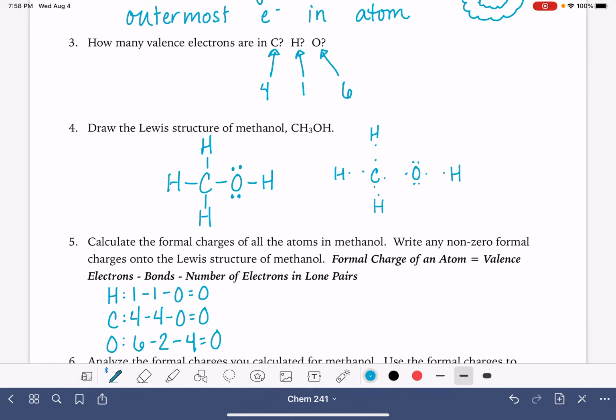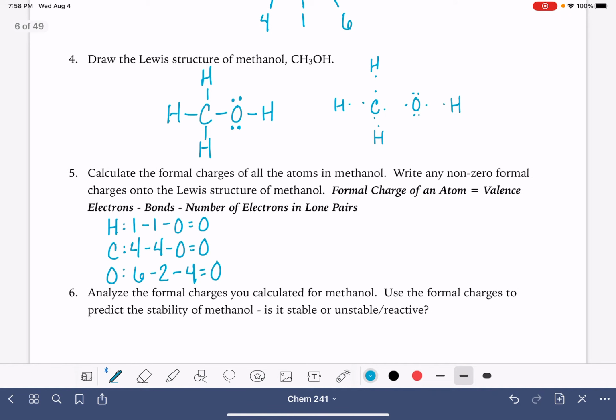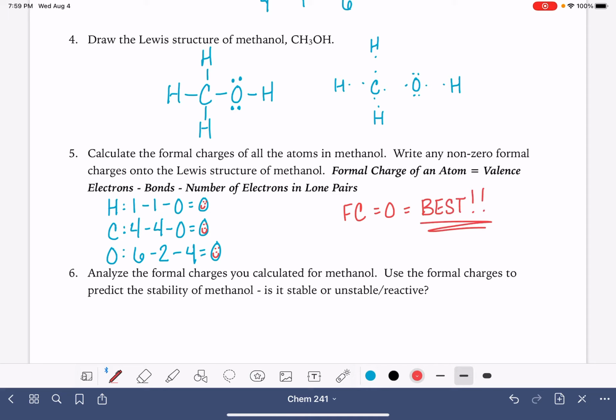So all of these atoms have a formal charge of 0, which is the best possible scenario for any atom. So I'm going to put little smiley faces on there. Analyzing these formal charges, they all have a formal charge of 0, which is the most stable possible configuration. Formal charge equal to 0, that is the best thing that can happen to an atom.